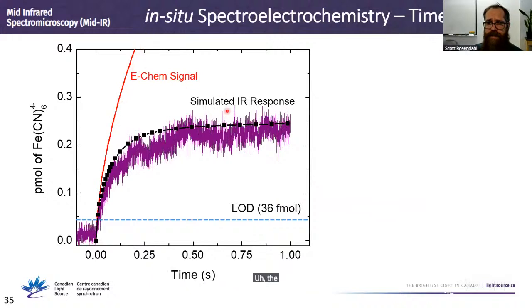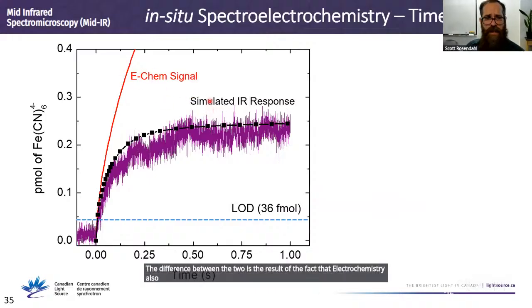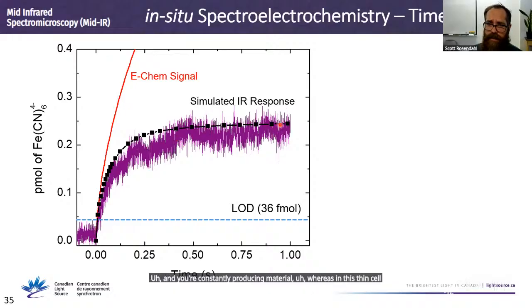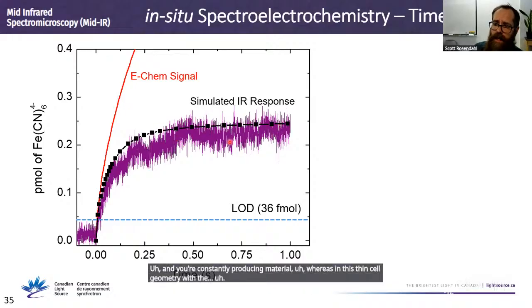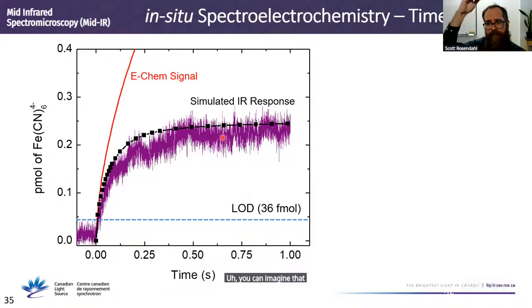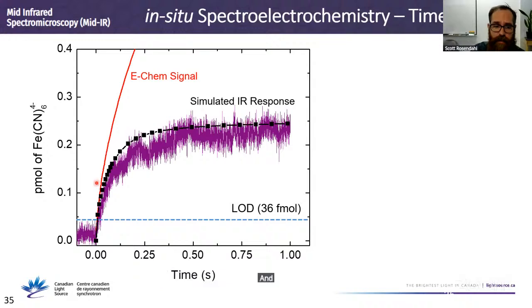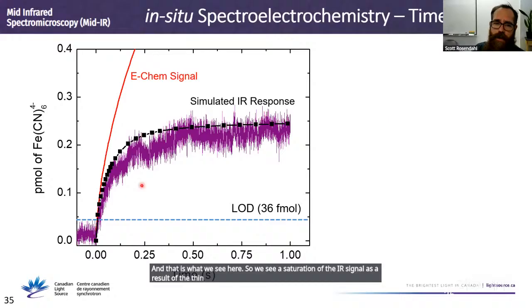The difference between the two is the result of the fact that electrochemistry also happens on the edges, and you're constantly producing material, whereas in this thin cell geometry with the infrared, you can imagine that we're probing light from above, and eventually the space and the area and the volume that is being probed by this IR light gets saturated. And that is what we see here. So we see a saturation of the IR signal as a result of the thin layer geometry, which is why our electrochemical signal is different.